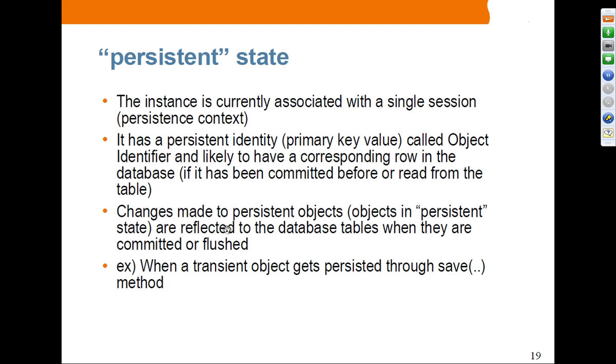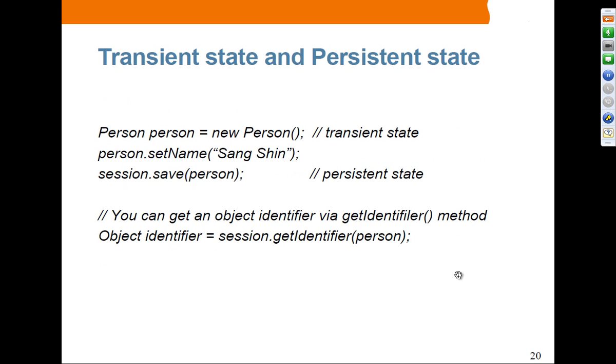Now, changes made to the persistent object are reflected in the database table when they are committed or flushed. The object state gets changed to persistent state when the transient object gets persisted through the save method. That is an example I showed you several times.